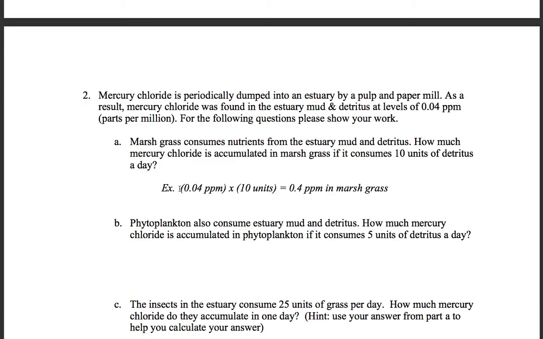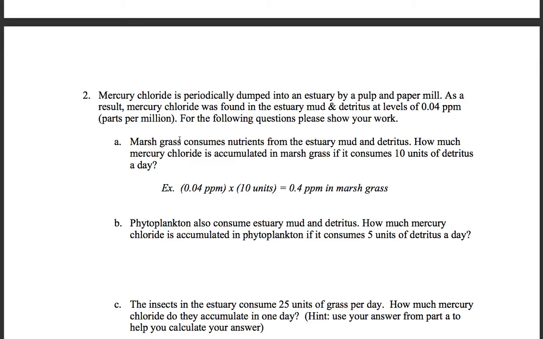You can see the example. What you're looking at is the amount of a chemical called mercury chloride, which is a contaminant. It's a pollutant that interferes with a lot of the functions of the organisms, in this case in an estuary. A lot of estuary talk in this lab.